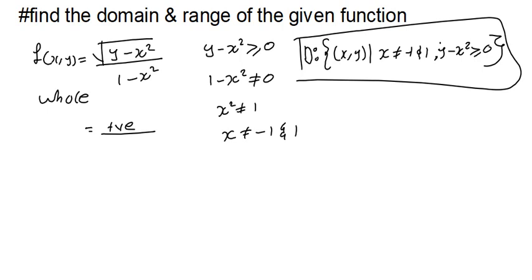Start substituting with numbers, starting maybe with 0. 0 can work out. Let's say 2 can work out. 4 can work out as well. But when you look at the numerator, your y needs to be greater, because the value of x that you substitute for the numerator is the same value of x you substitute for the denominator as well.